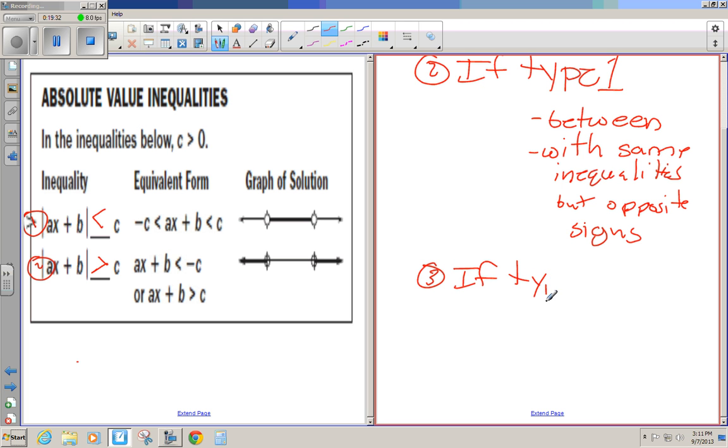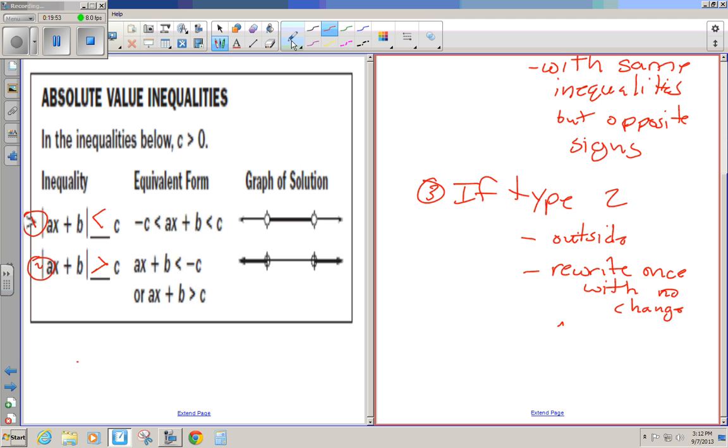If type 2, it's an outside. It's an outside equation. You basically rewrite once with no change. So you rewrite it once without any change.